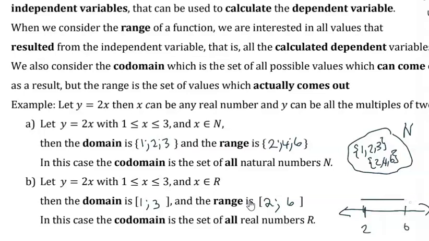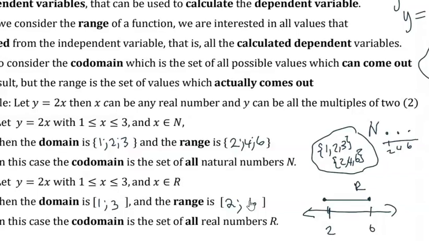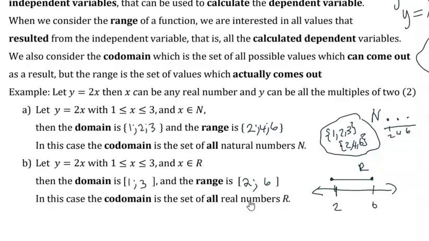From there to there, that's the range. In the previous case, it was 3 dots, 2, 4, 6 on the number line. Again, the codomain is much bigger. It's the set of all real numbers.